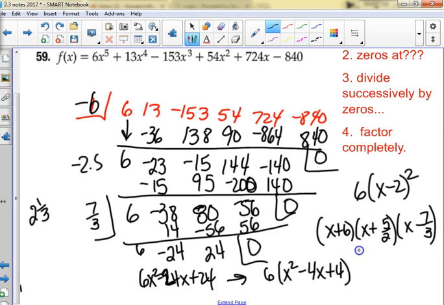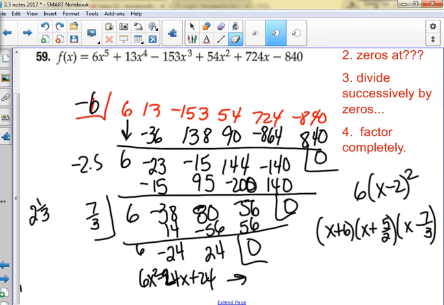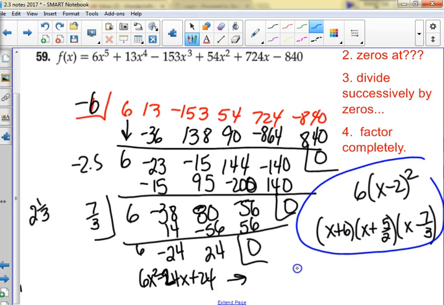Now, it bounces there, yes. Now, there is a 6 that was out in front. What could we do with that 6? How could we write the factors differently? This is the completely factored version, or x minus 2 quantity squared, x plus 6. What if we wrote this as 2x plus 5?